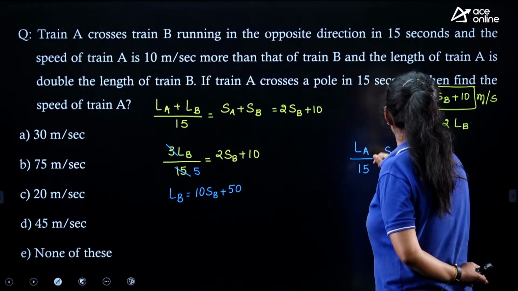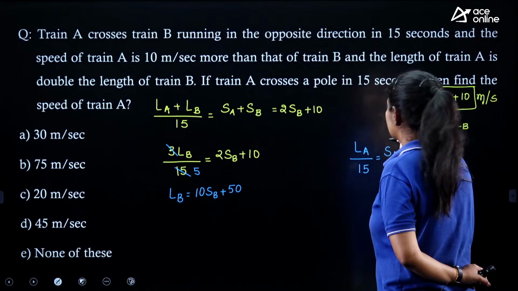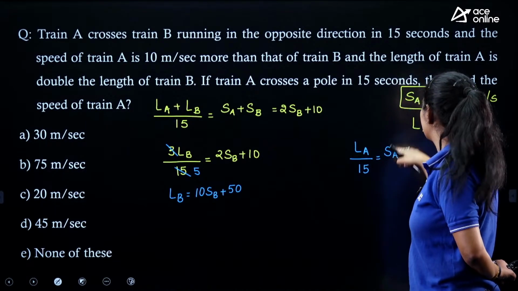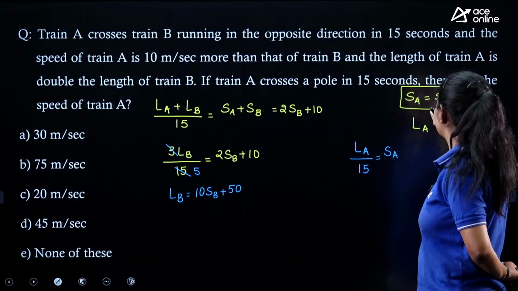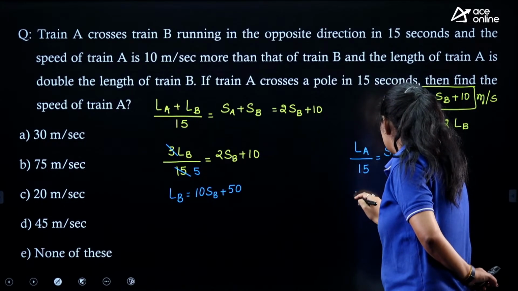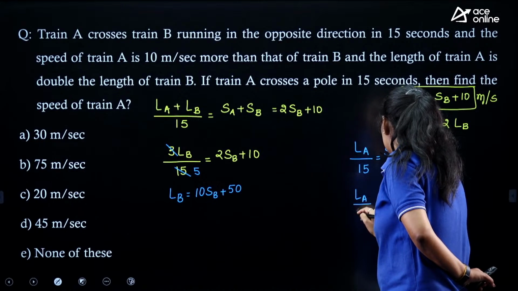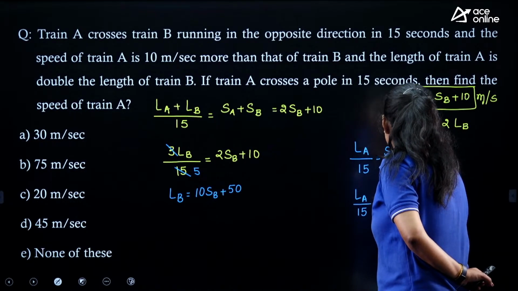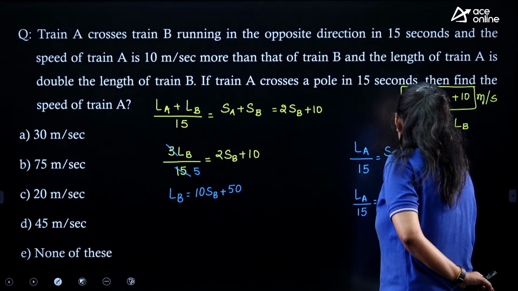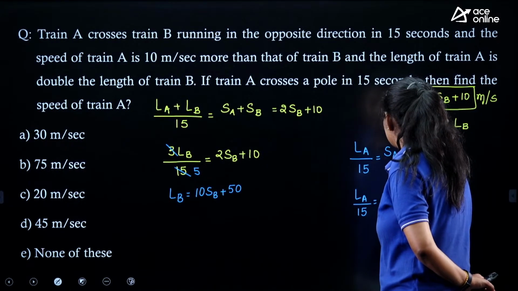Okay, so we can do one thing. We can either replace LA or SA with either of the relations given over here. So we can write it as length of A divided by 15 is nothing but speed of B plus 10, right?